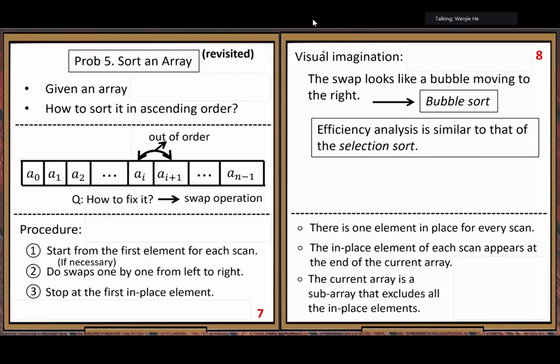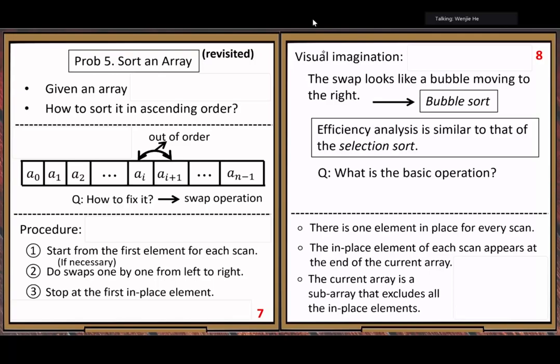Here, each round we do the scan, swapping, that kind of thing. But when you do the analysis, you do it the same way. Each round, count how many comparisons. Next round, how many comparisons. So you will get the same formula.